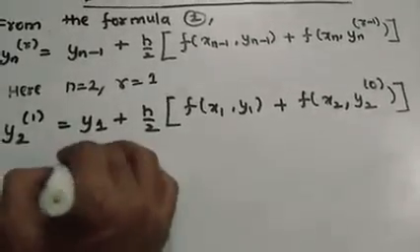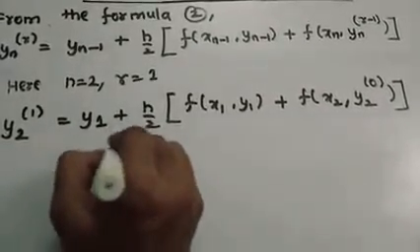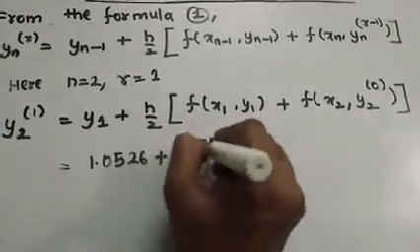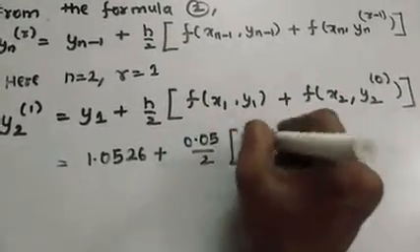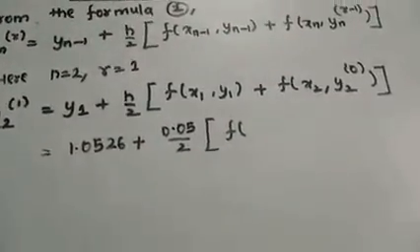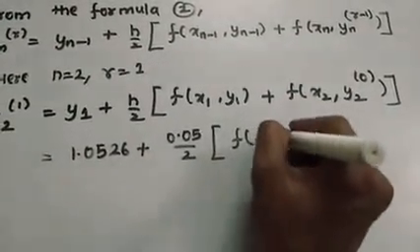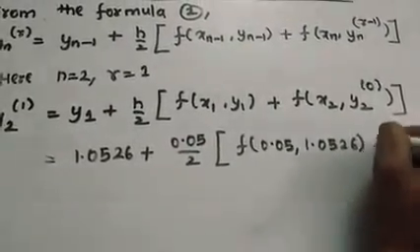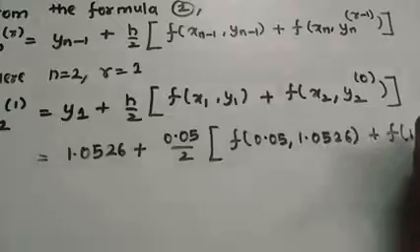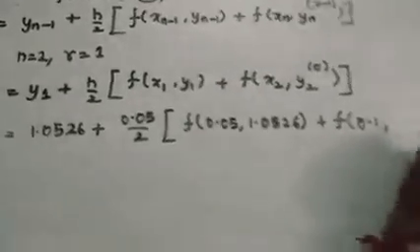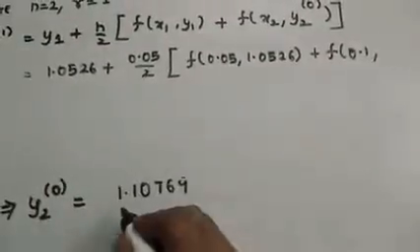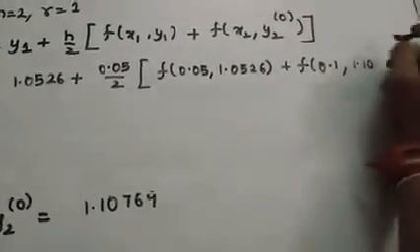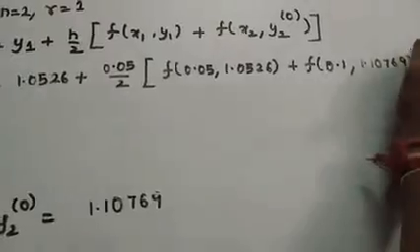So now putting the values: y1 value 1.0526, h is 0.05 divided by 2, f of x1 was 0.05, y1 1.0526, plus f of x2 is 0.1 and y2 0 value 1.10769.